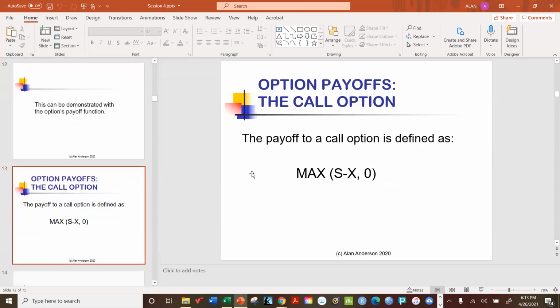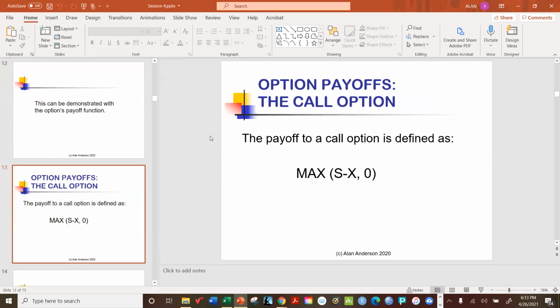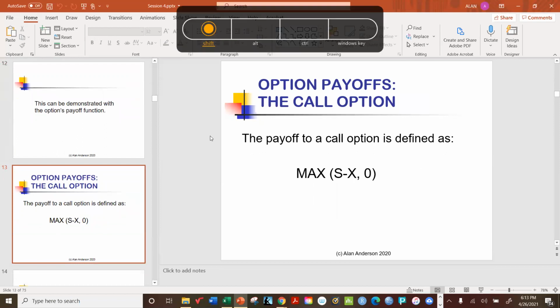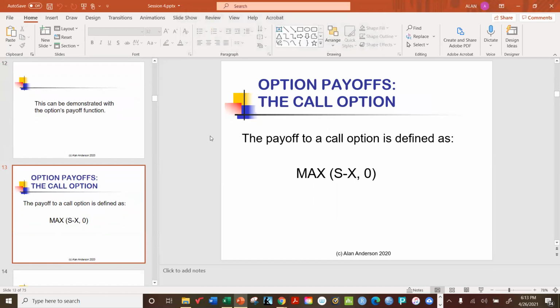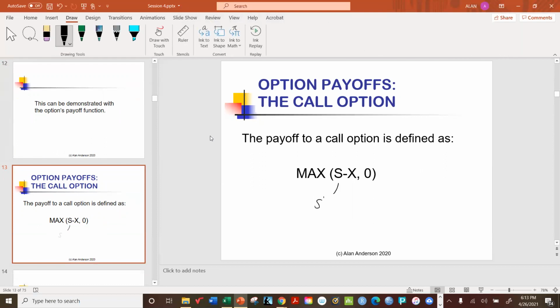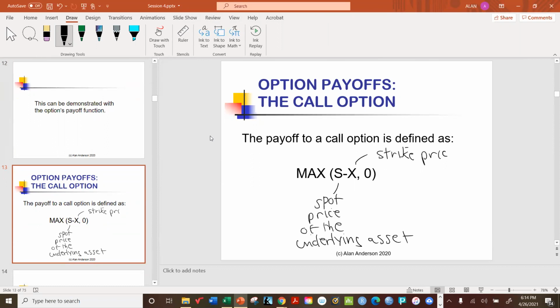So here's the payoff function. Now, what exactly is going on here? Well, what this means is that S is the spot price of the underlying asset and X is the strike price of the option.